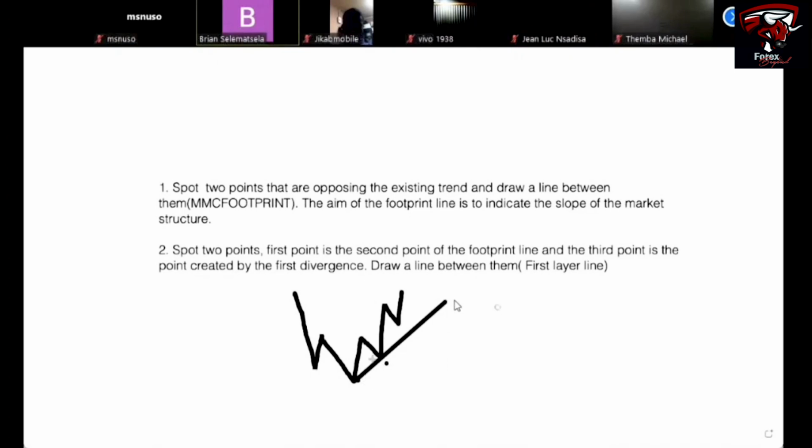And now the second point of the footprint and the third point is created by the first divergence normally, or no, first or second divergence. Let me just say first or second divergence.